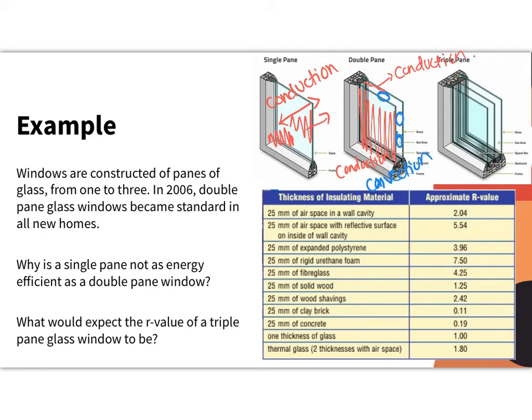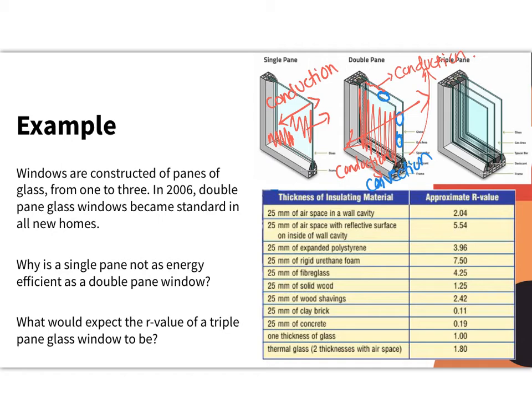Remember, every time energy is transferred, we lose some of it. So we're losing energy every time we do this, and we're not going to lose as much from our house. All right, the transfer is much smaller in this double pane because it has to go through 3 different processes to get outside.